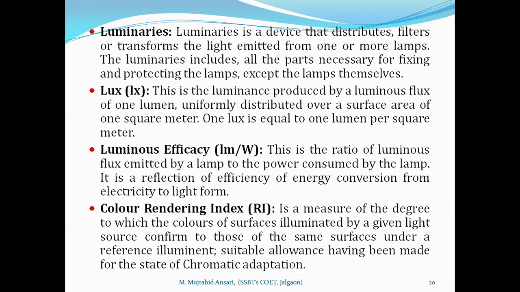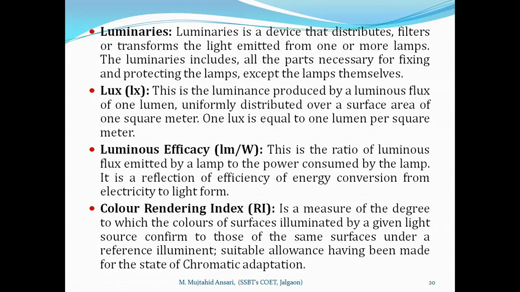Or we can say that the color of an object observed in the natural daylight and the same object observed in any given light, the closeness is called the color rendering index. If it is very close, say it is 100%.